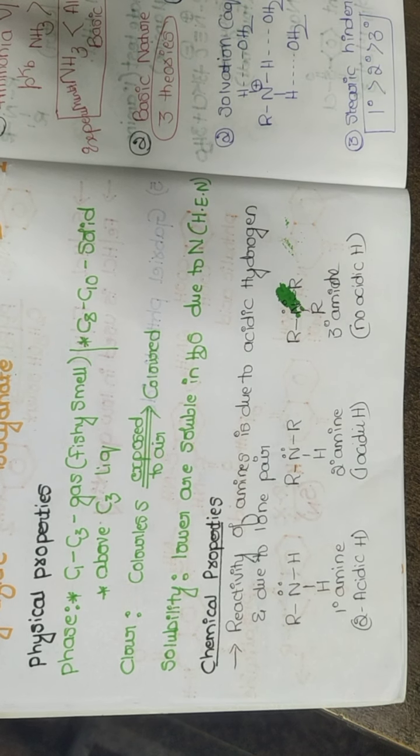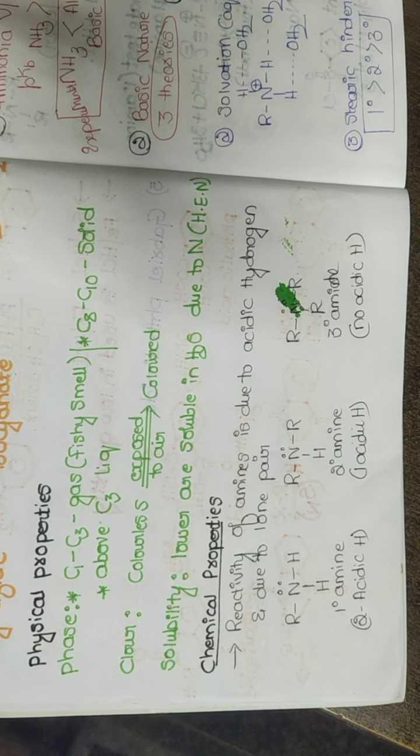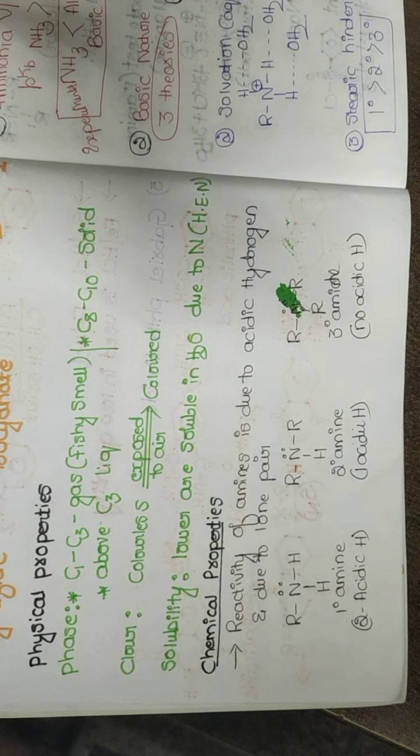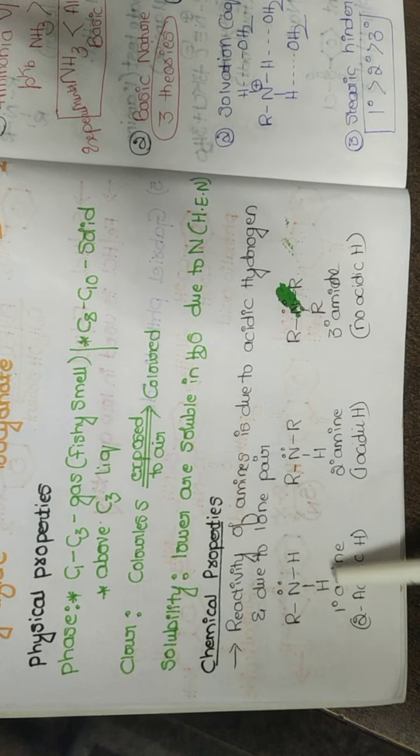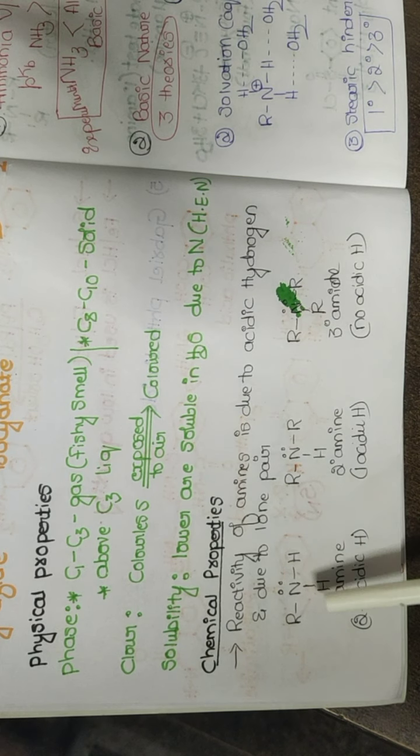The next is, we should begin with chemical properties. In case of chemical properties, we should know the reactivity of amines. It is said that the reactivity of amines is mainly because of the acidic hydrogen as well as the presence of a lone pair in them. Here you can see that in case of a primary amine, I have 2 acidic hydrogen atoms and 1 lone pair.